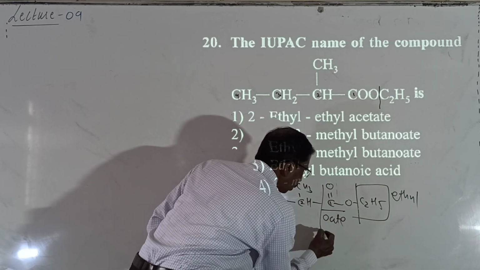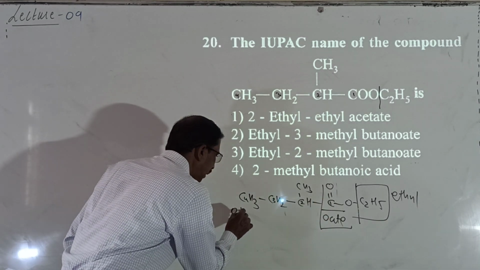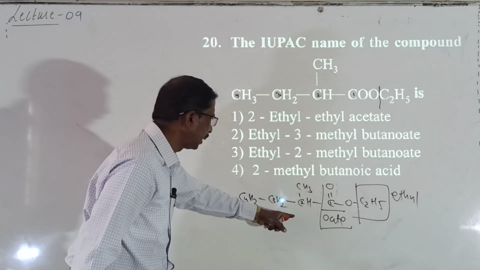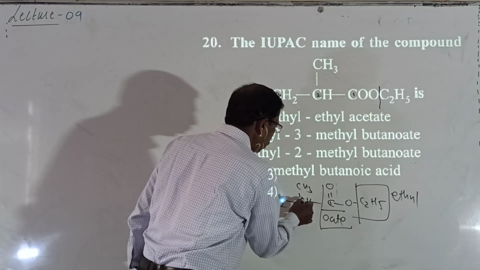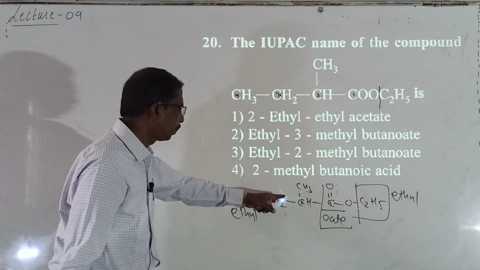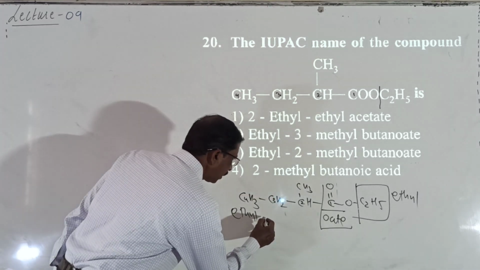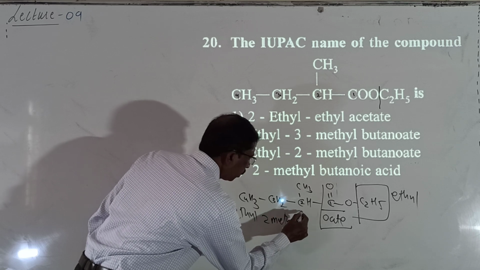Look here, this group is OATE. So it is called as ethyl butanate. For the second carbon, this methyl group is attached, and here it is ethyl 2-methyl butanate.